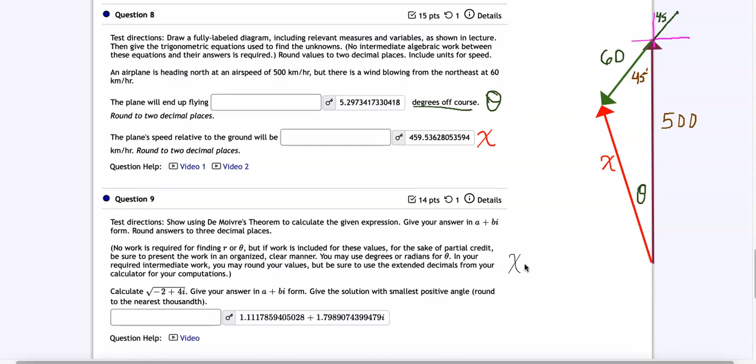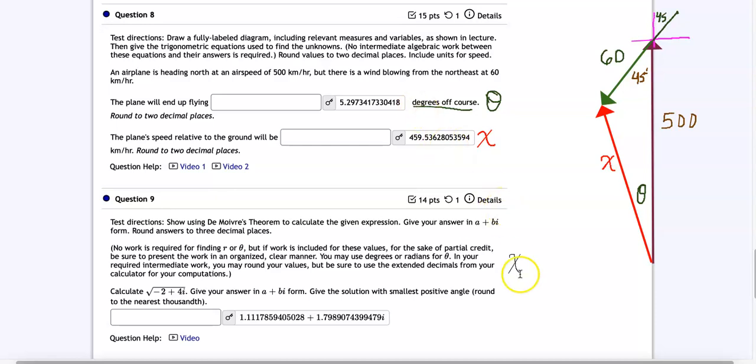So you have 60 squared plus 500 squared minus 2 times 60 times 500 times the cosine of 45, and then take the square root of that number, and you should have x is equal to 459.53628. We're going to round to 2 decimal places here, so that would be 459.54 kilometers per hour.